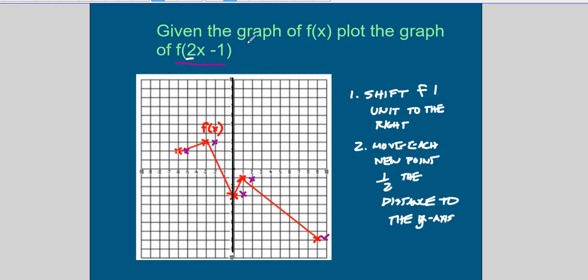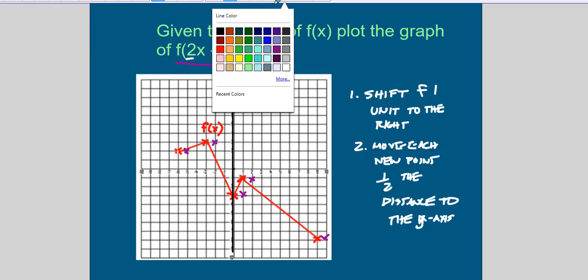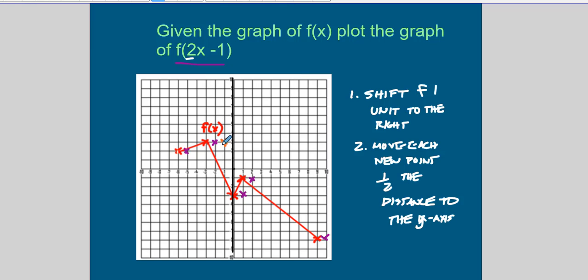Now I move each point 1/2 the distance to the y-axis, so that's 1/2 the distance right there. This is 5, so this goes to 2.5. This is 1, so it goes to 1/2. This is 2, so it goes to right there, and then this is 9, so it goes to 4.5.